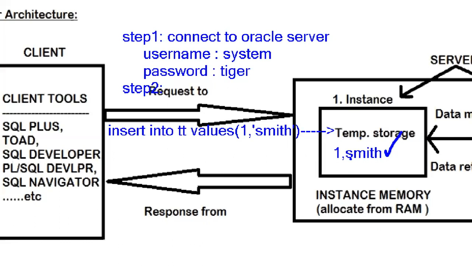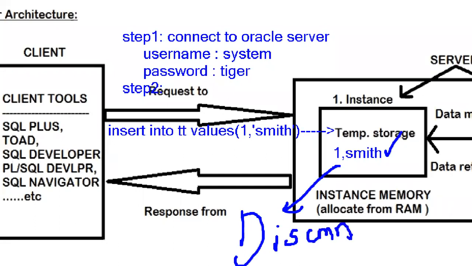Now exactly when your data is in the instance memory, at this point of time, if the user wants to disconnect the Oracle connectivity, you connected and now you disconnect.